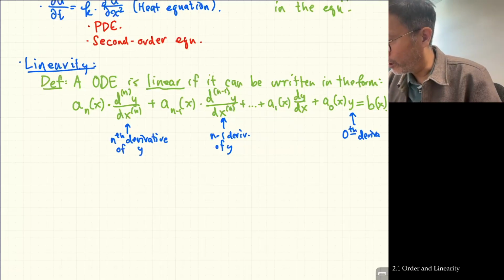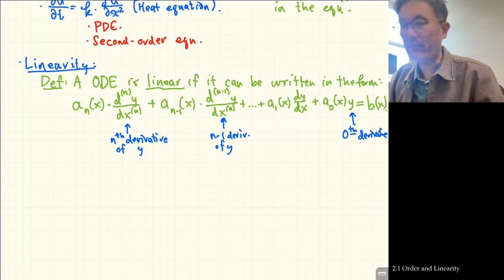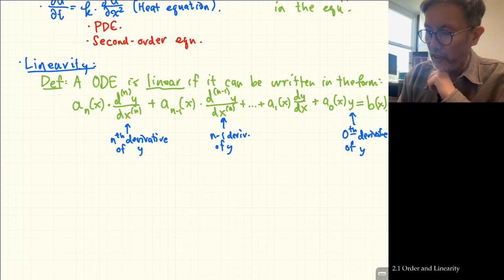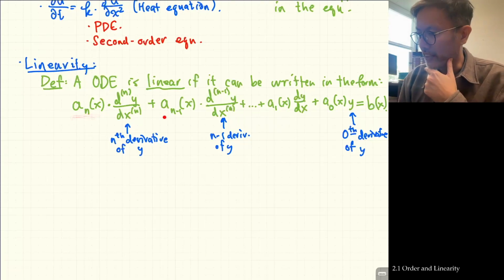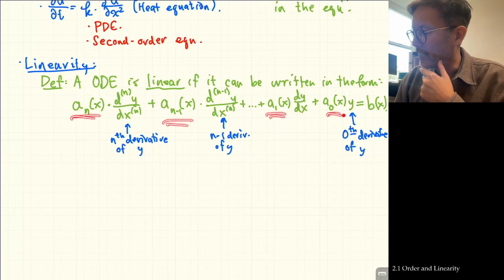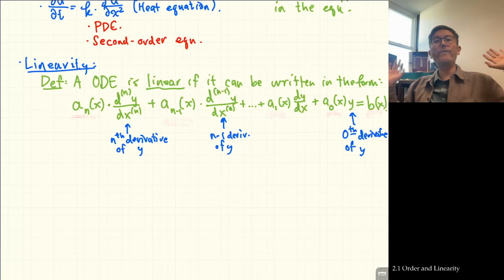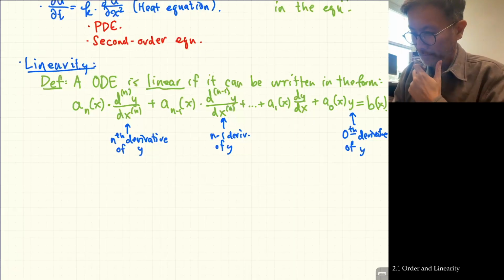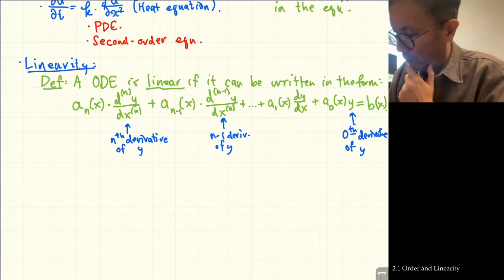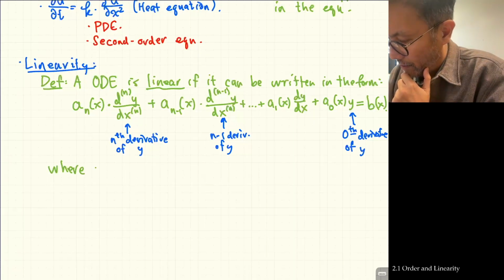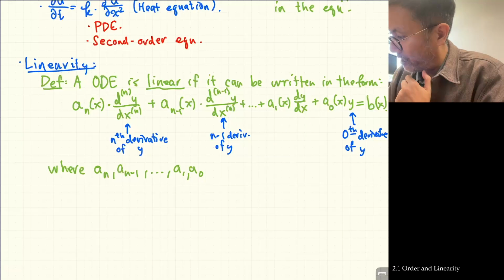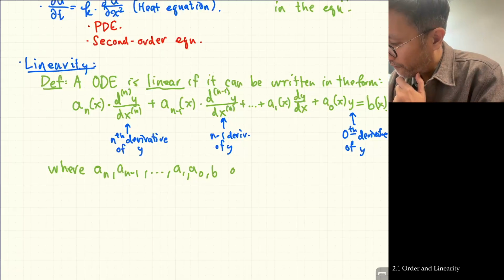Like we did no derivative, so it's like the 0th derivative of y. And all these other things, like this a sub n, this a sub n minus 1, this a sub 1, this a0, this b, these are all functions. Okay, they're not numbers, they are functions of x. So I'll write where a sub n minus 1, all the way down to a1, a naught, but also this thing b over here are functions.